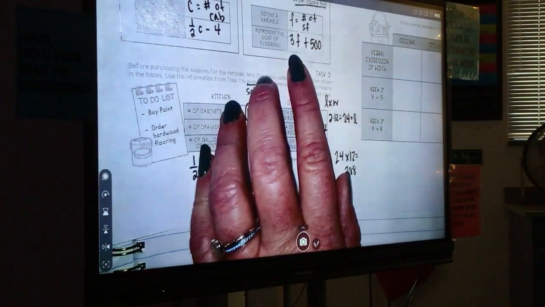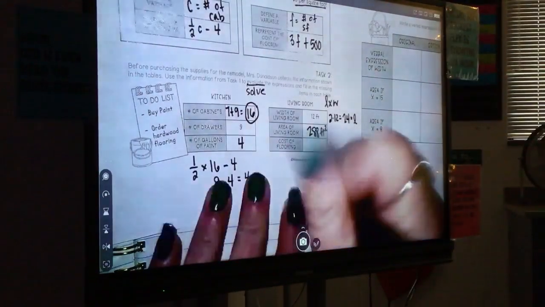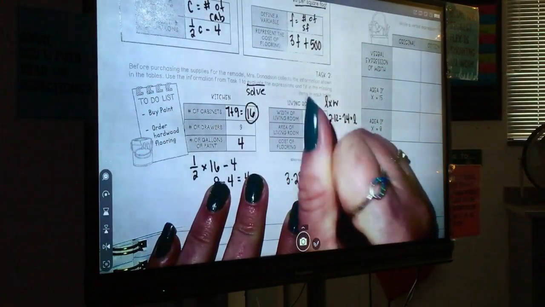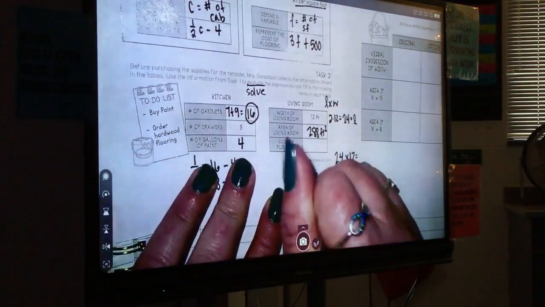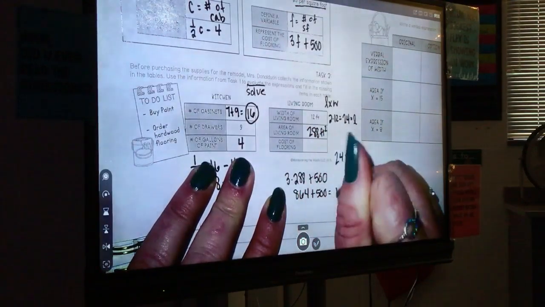3 times F plus 500. The square feet is 288. So you're going to do 3 times 288 plus 500. When you do 3 times 288, what do you get? 864 plus 500 gives you $1,364.